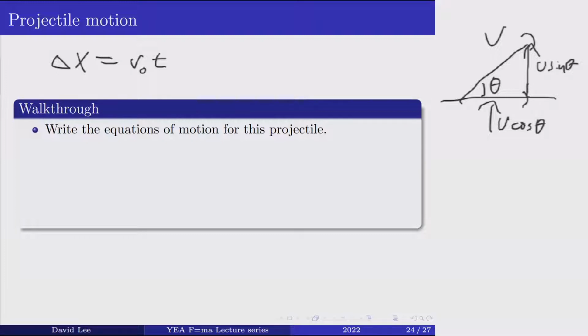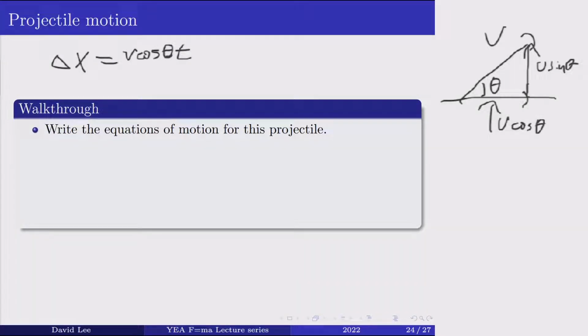All right, so now we can replace this v0 here with v cosine theta. And what happens in the y direction?